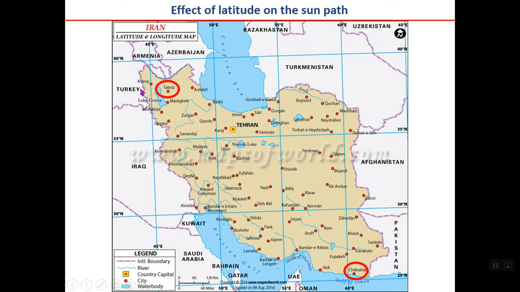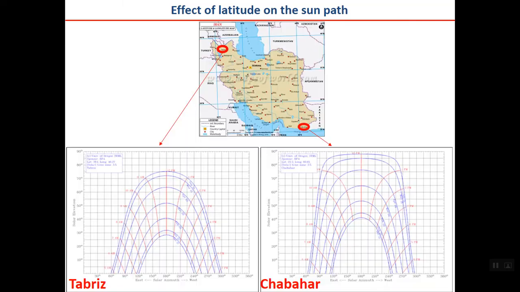An interesting point here, which I want to show you as an example, which shows the importance of the latitude or location on the path of the sun in the sky.